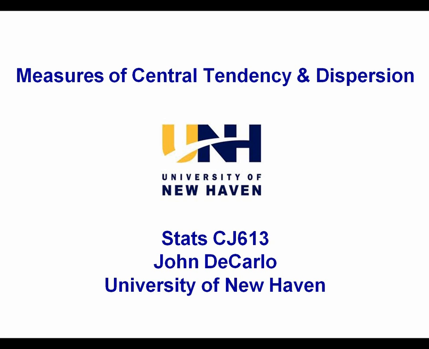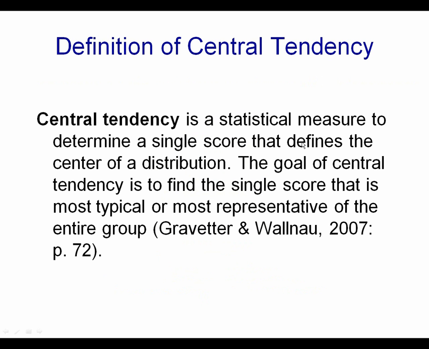The first thing that we want to talk about is what is central tendency? As Gravetter and Wallnau tell us, it's a statistical measure to determine a single score that defines the center of a distribution.